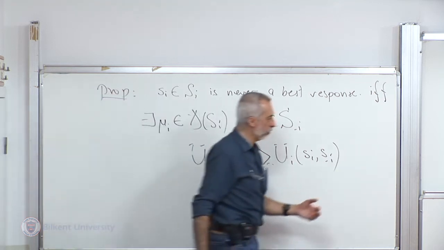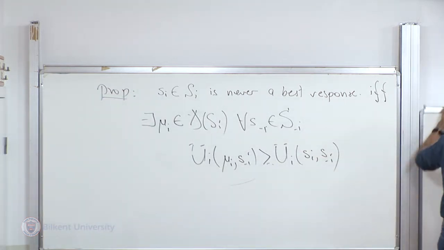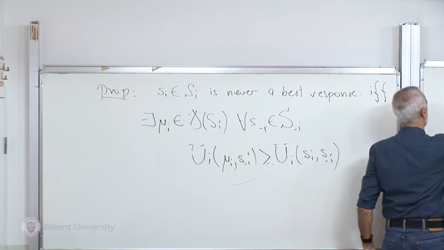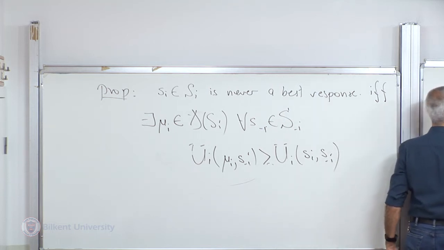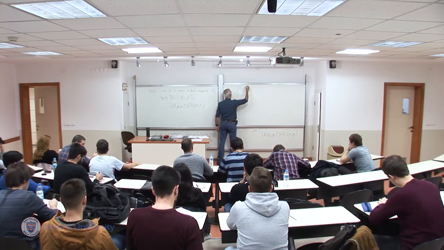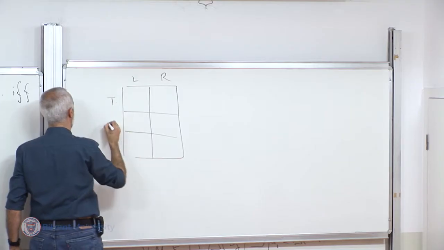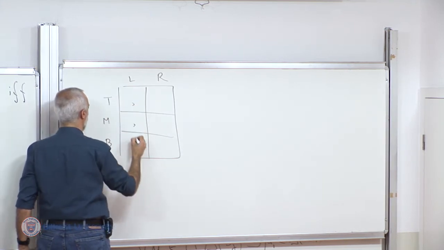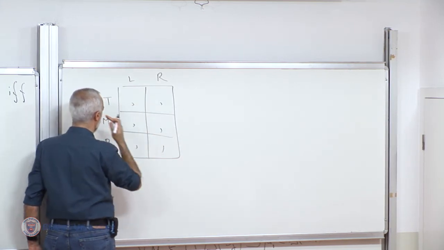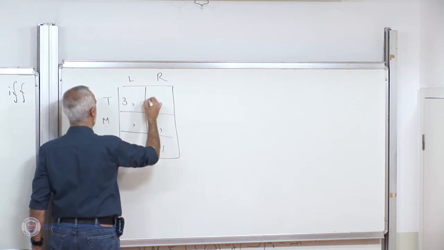So, an example for this. Let's take a simple game. Left, right, top, middle, bottom. I'll just write the payoffs for player 1. That's a standard game.